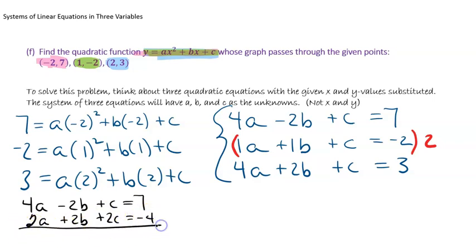And I add down. 4a plus 2a is 6a. This is the addition method or the elimination method, whatever you like better. Plus 3c is equal to 7, and negative 4 adds to be 3. Okay, so that's one of my equations. 6a plus 3c is equal to 3.